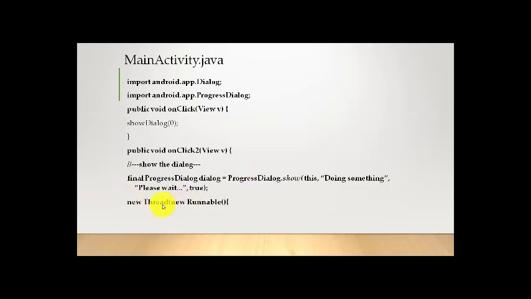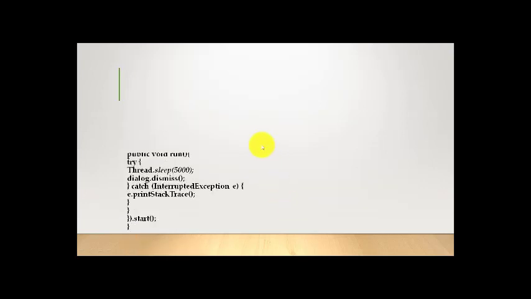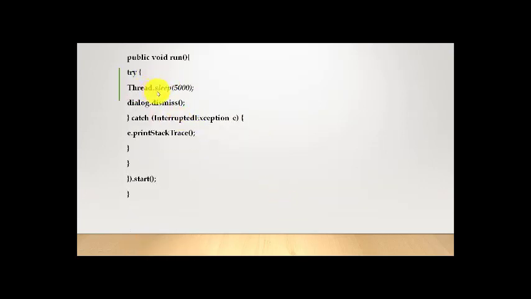Now in the thread class there is a run method of Runnable, which is an abstract method. Within it we are defining Thread.sleep(5000) milliseconds. What does it mean? The activity is stopped for 5 seconds and then goes on.